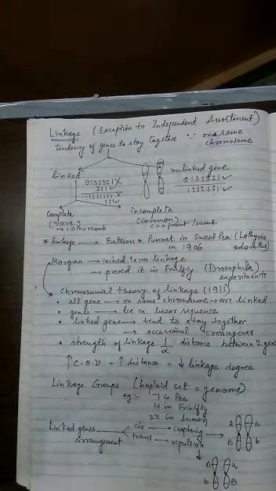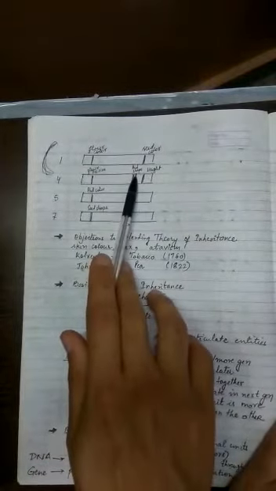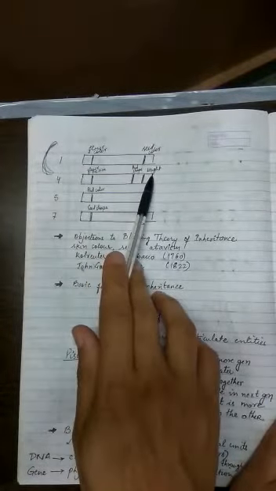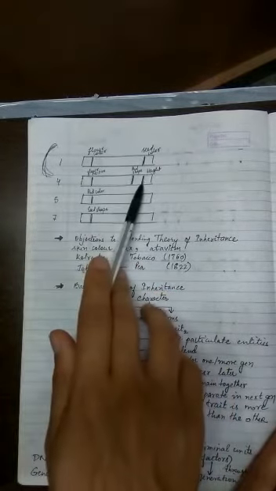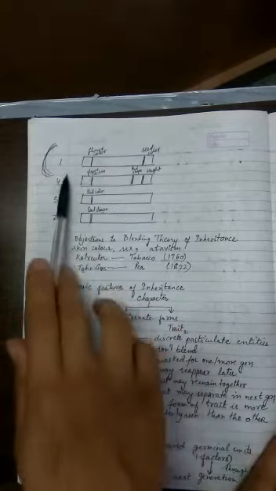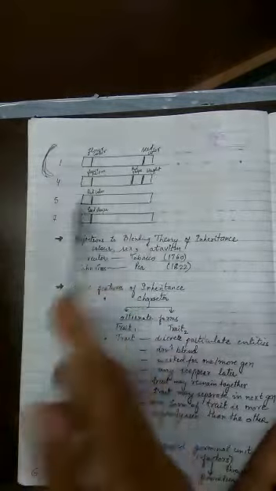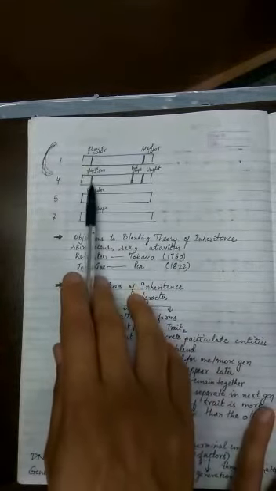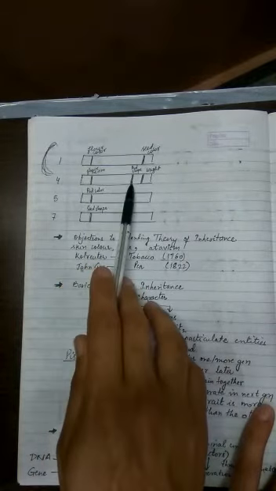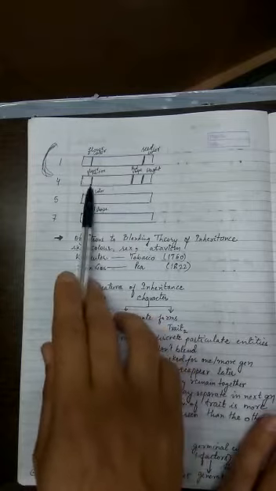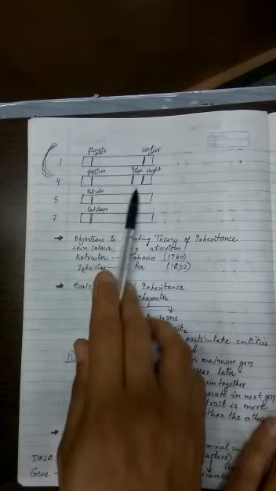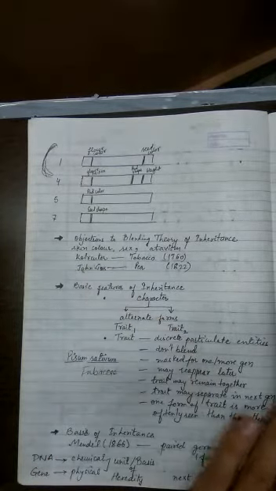Now you can see in this diagram, the pod shape and height of the plant controlling genes are both present on the same 4th chromosome of Pisum sativum. Please remember this sequence. It's important to explain many concepts. But when you see this gene and this gene, the distance between these two genes is more, but the distance between these two genes is very less.